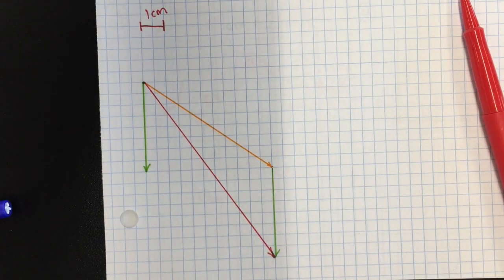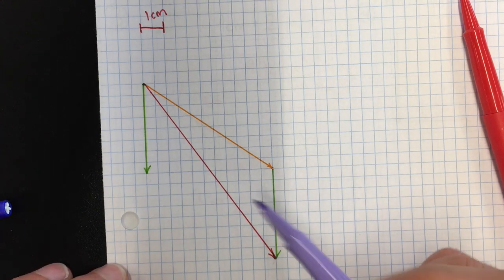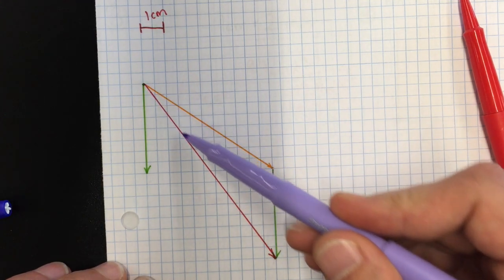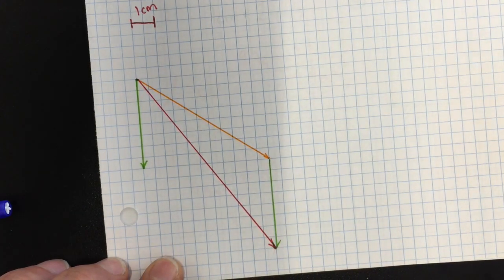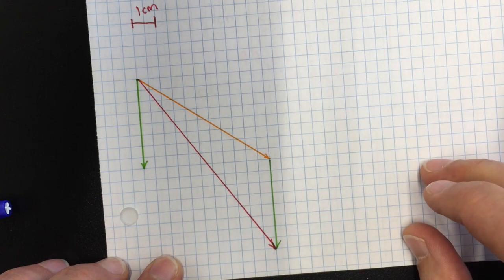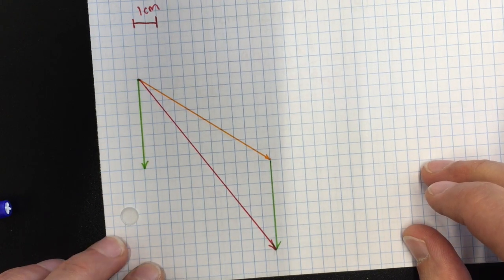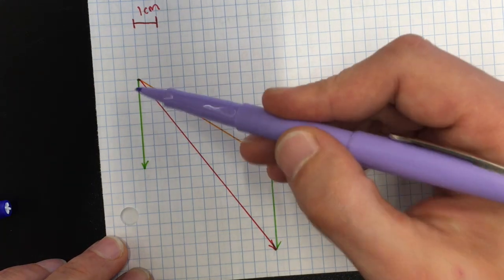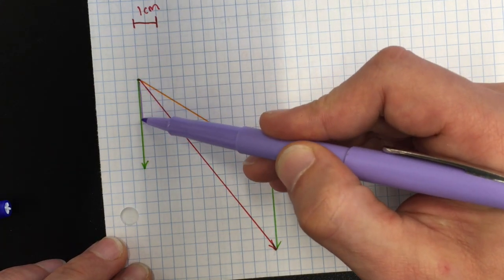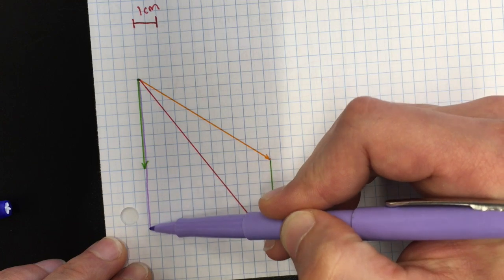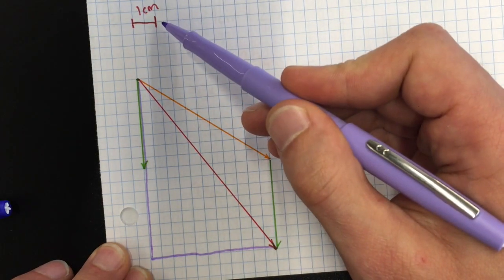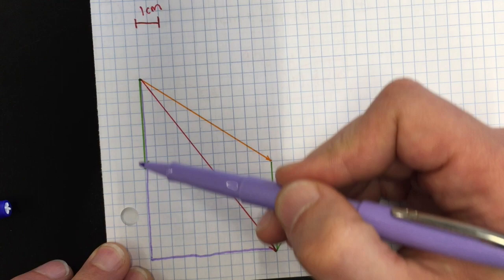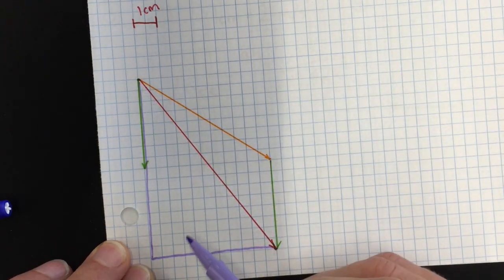We can also use some of our math rules and realize that if we make a right triangle using this red resultant vector, we can use the Pythagorean theorem to find the length of it. So let's do that. We can draw a vertical line down and a horizontal line. And now because we know every 2 squares is 1 centimeter, we can figure out exactly the length of these 2 purple lines.